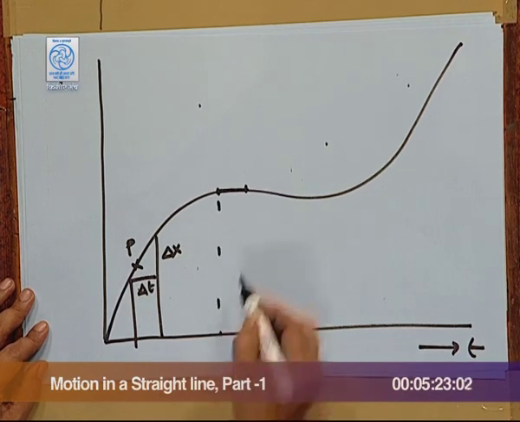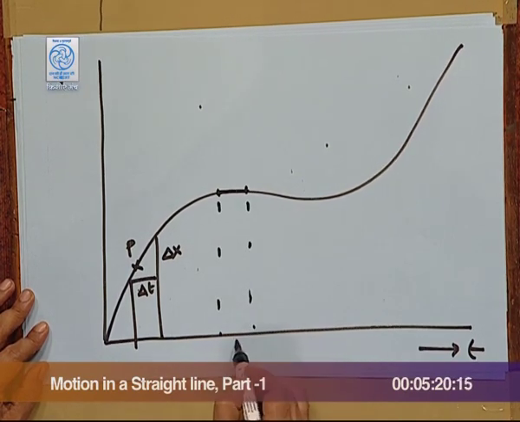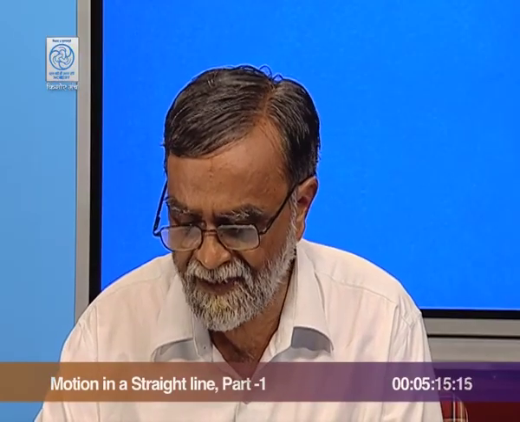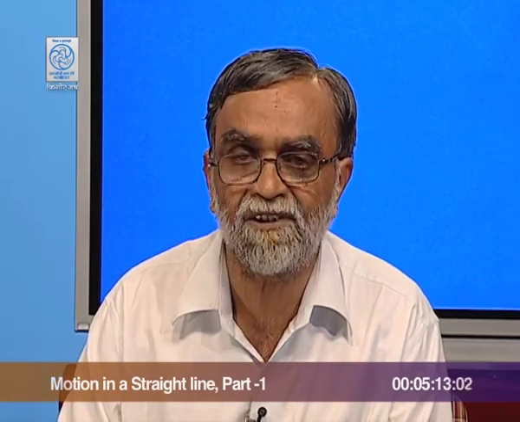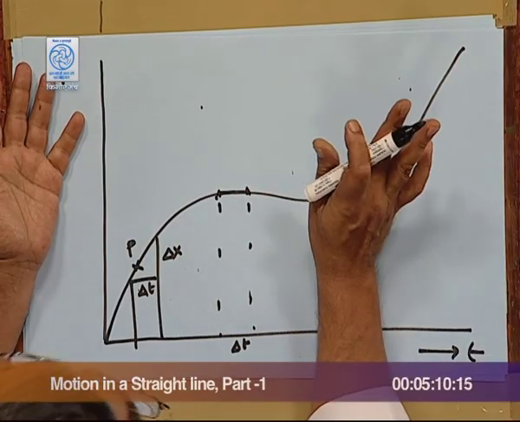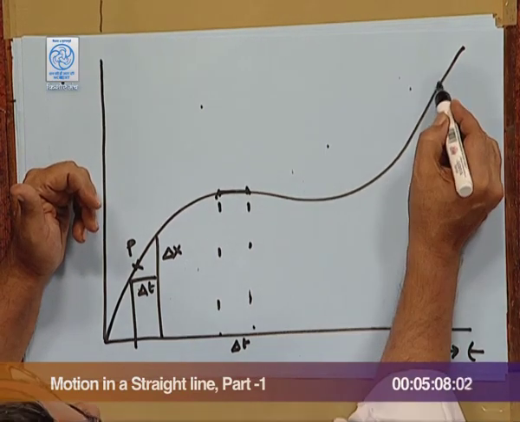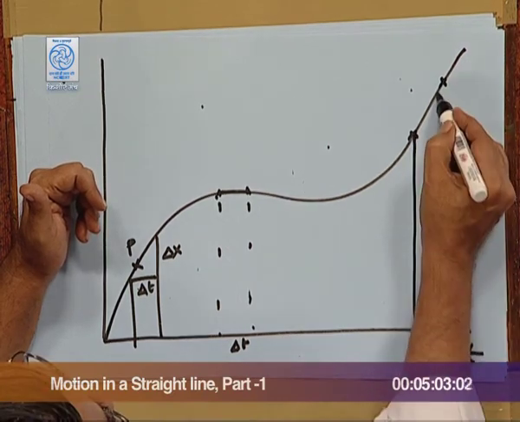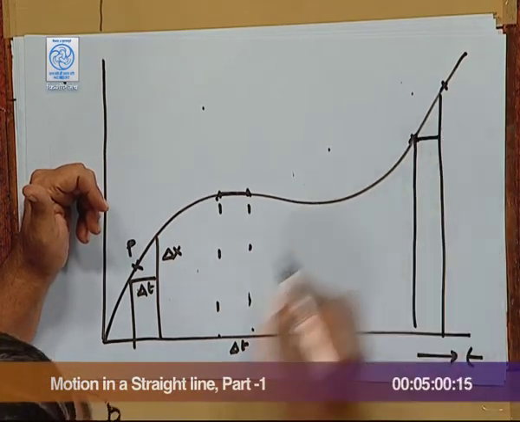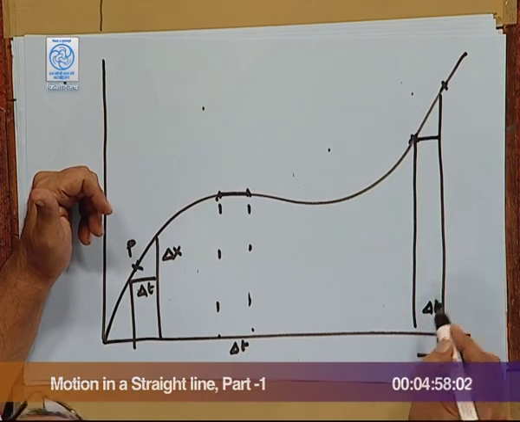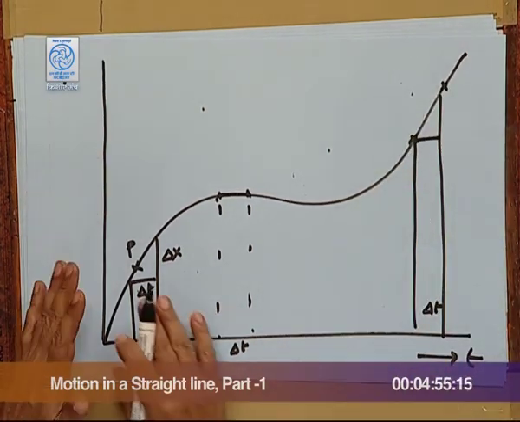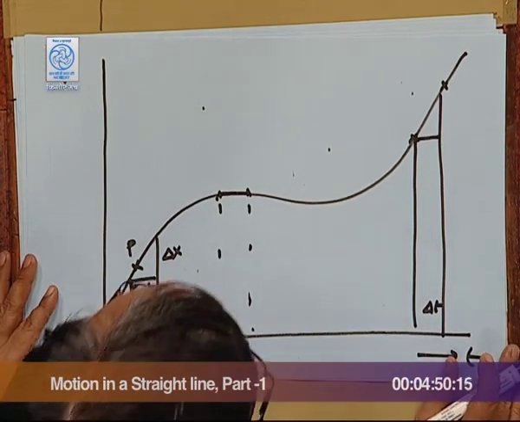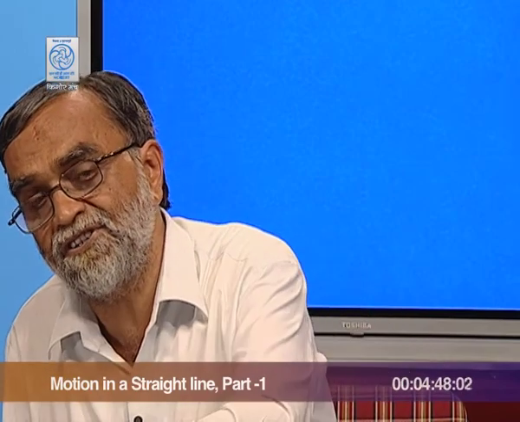There is a variation of delta t during the same interval. What does it mean? When there is no variation, the height is 0. So, it means that in this time interval, the average velocity is 0. Let us look at this position again, where if I take the same interval, delta t being the same, but at different timings the slope is different. It means in this kind of nonlinear variation of x versus t, we come to the conclusion that average velocity goes on changing with time.